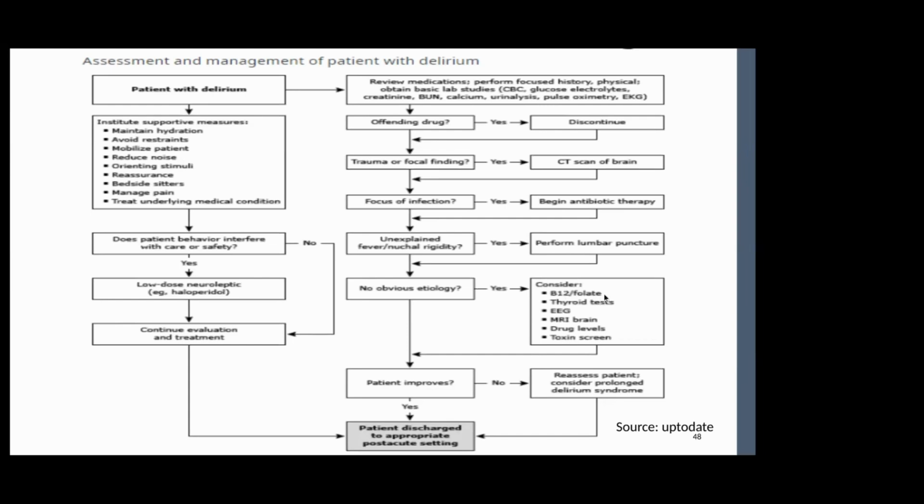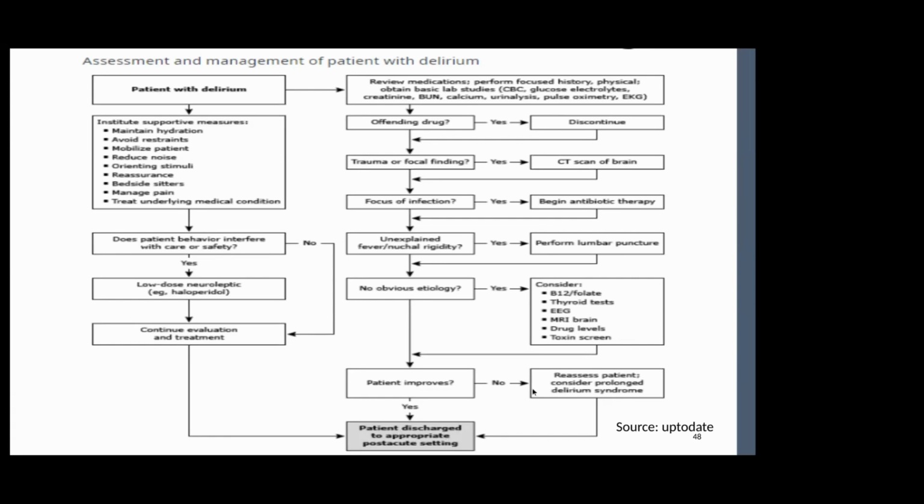It could be vitamin deficiencies like B12 or folate. It could be thyroid abnormalities, so we might need to send a thyroid function test. We might need to do EEG, MRI, or a toxicity screen.